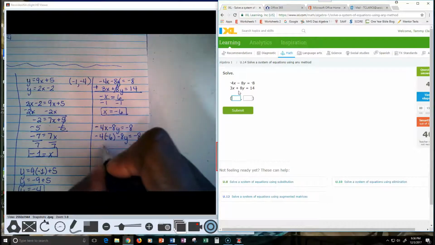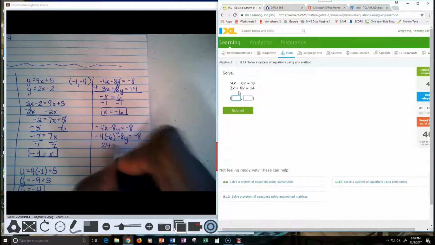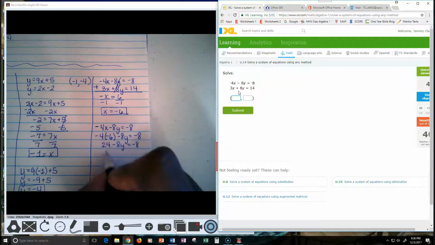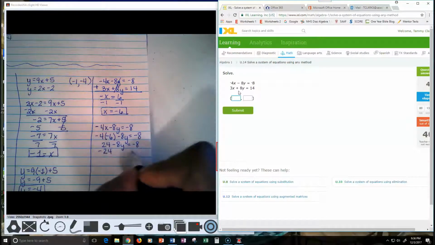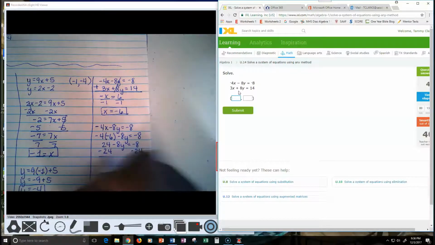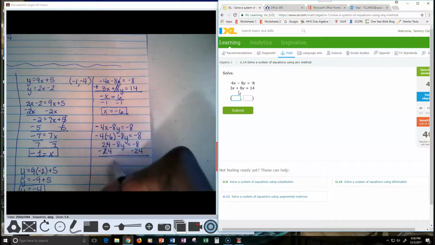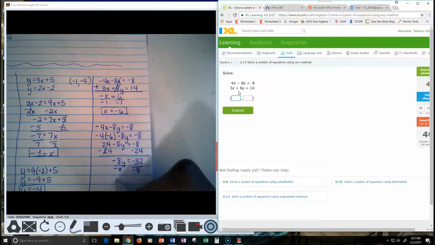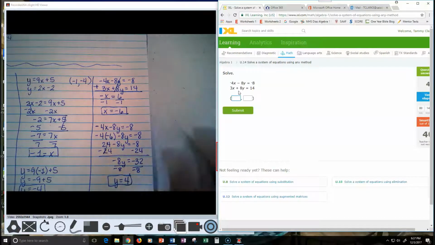Negative 4 times negative 6 is positive 24, minus 8y is equal to negative 8. I'm going to subtract 24 from both sides of the equation. And that leaves me with negative 8y equals negative 32. Divide by negative 8. y therefore is 4. So we hope.